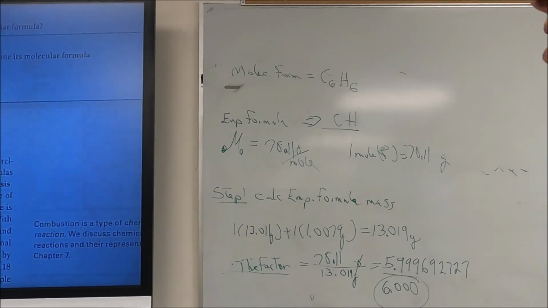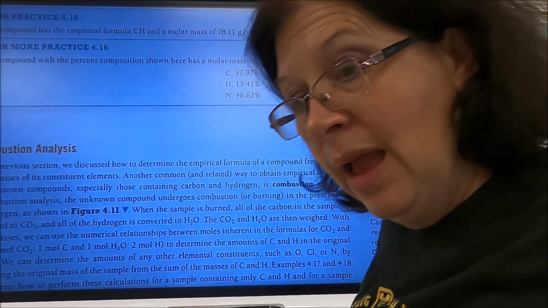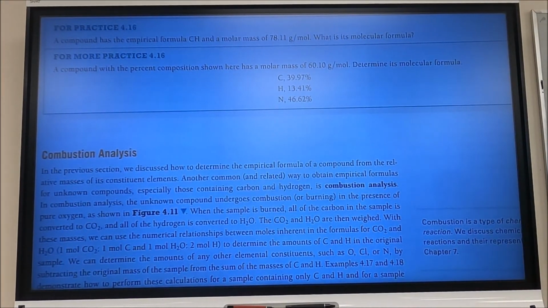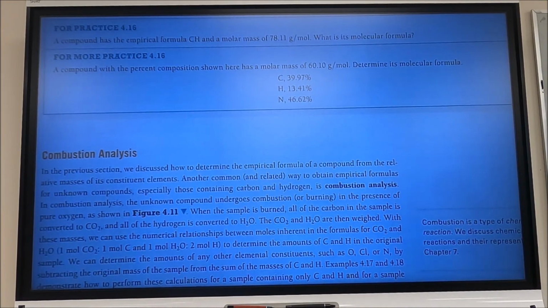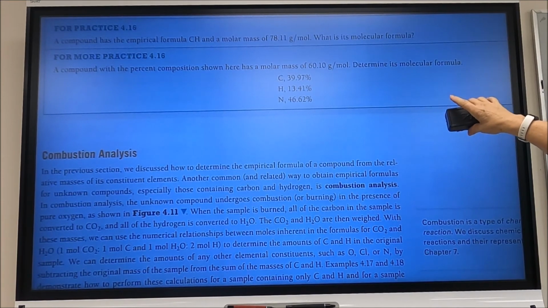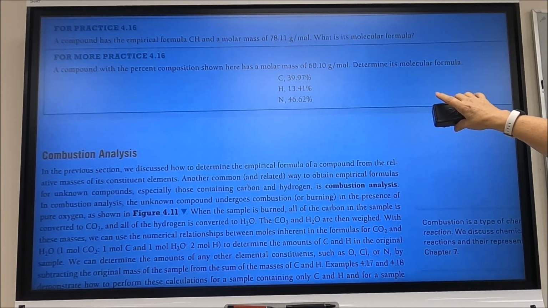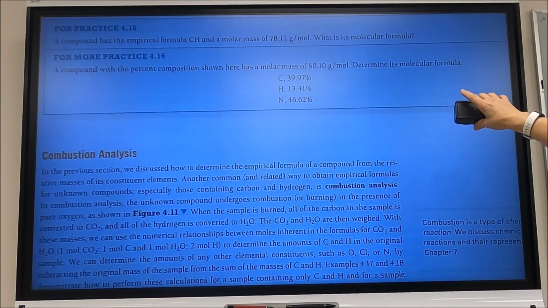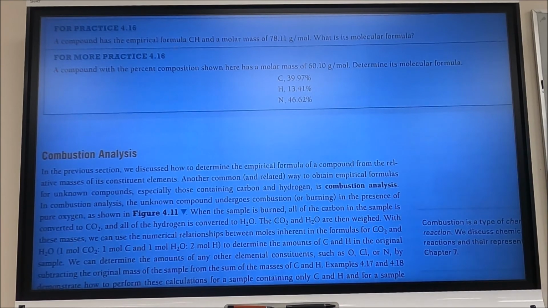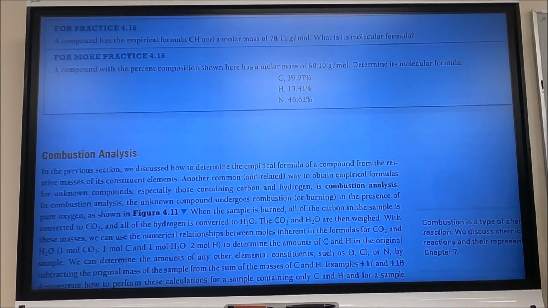Okay? So let's look at the next one, and then I'll be done with these kind of problems. The next problem says that we have a compound whose molar mass is 60.10. I'm sorry, I mixed parts of the problems up. And it's got a percent composition of carbon of 39.97, hydrogen 13.41, and nitrogen 46.62. So I'm going to have to calculate the empirical formula before I can get the molecular formula.